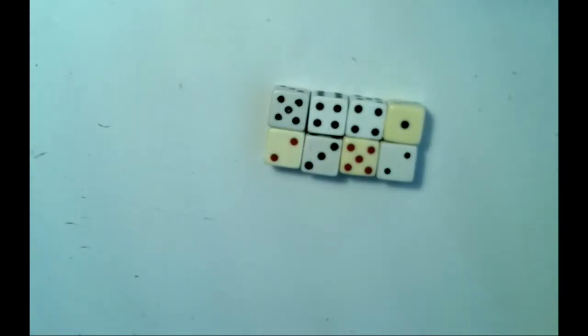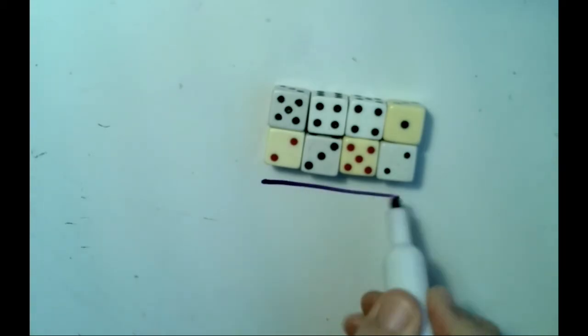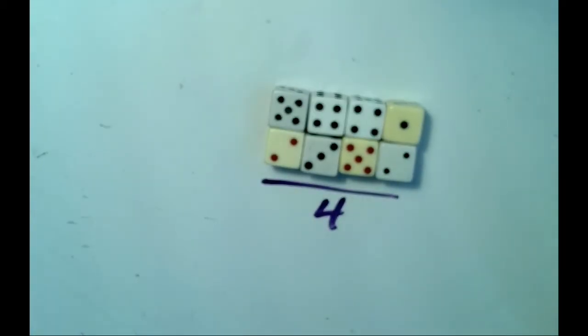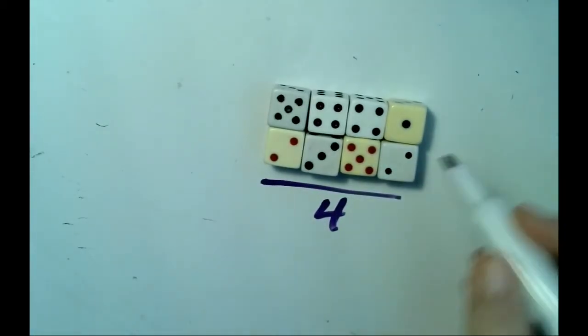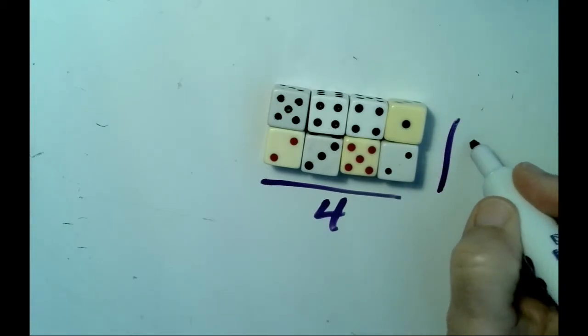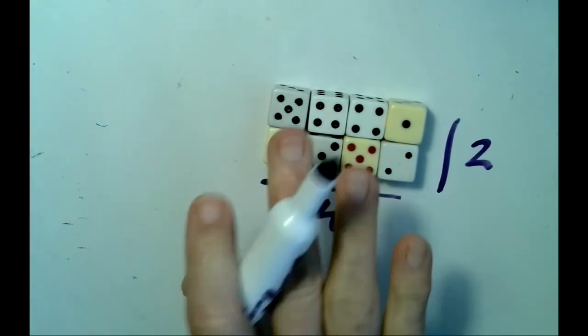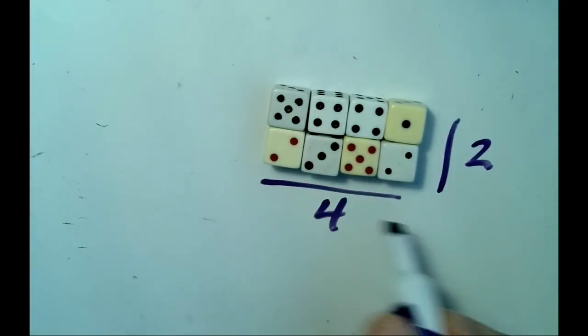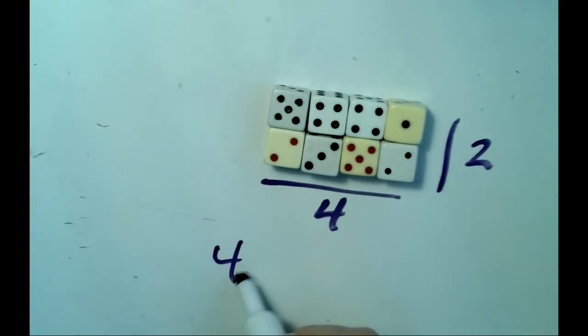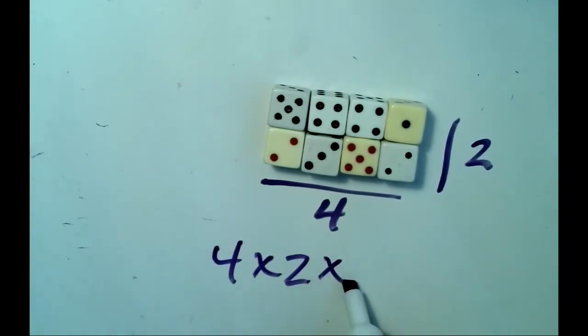All right, so how many cubes do you see now? Well, hopefully you could see that there are 4 cubes in this direction. There are 2 cubes in this direction, and they're stacked one high. So we would call this a 4 by 2 by 1 arrangement.